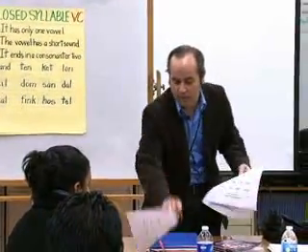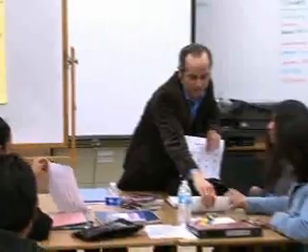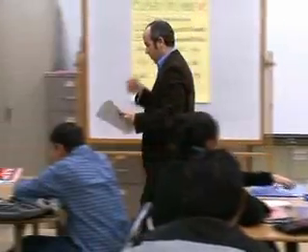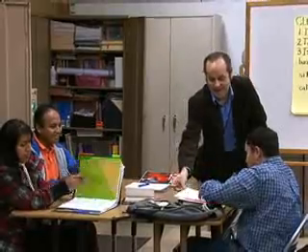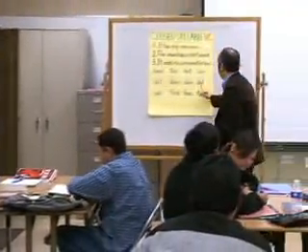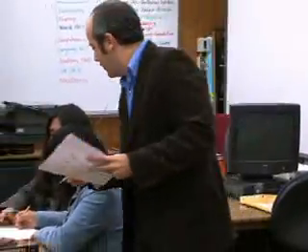Work together with your partner. Because if you don't do it out loud, I'm not going to know whether you're sounding it out correctly. I like to know. So let's start with this one right here. Now you guys are going to share.